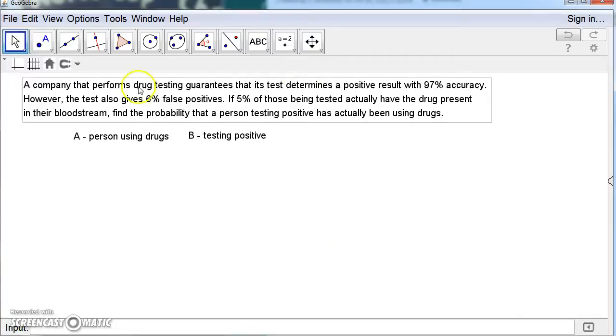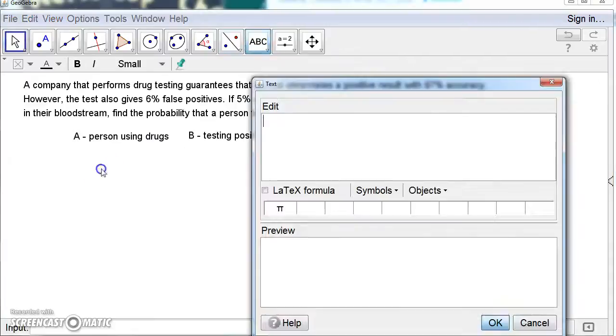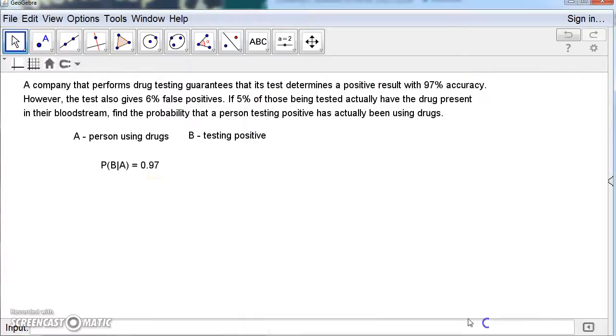Now you can see that it says that if you are using drugs, there's a 97% chance the test catches you, right? So probability of B given A is 97%. Very high chance that you will test positive if you are in fact using drugs.